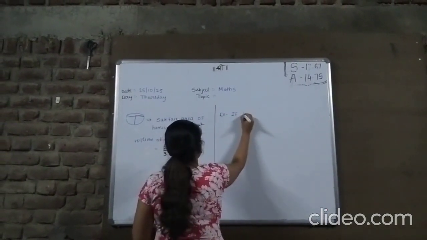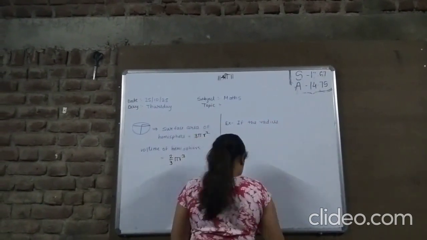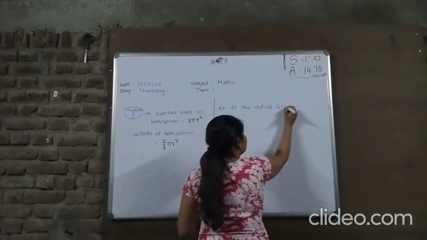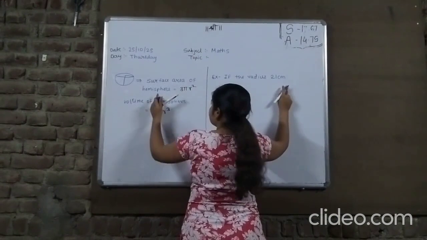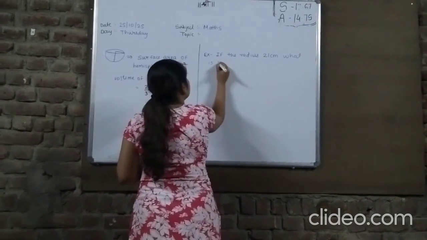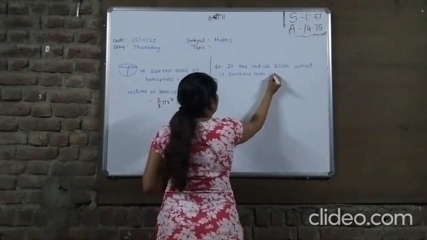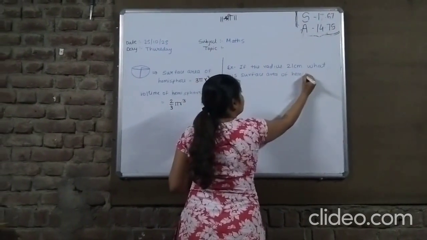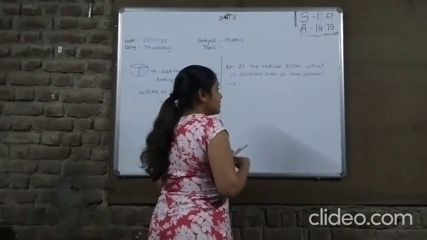If the radius is 21 centimeter, what is the surface area of the hemisphere?